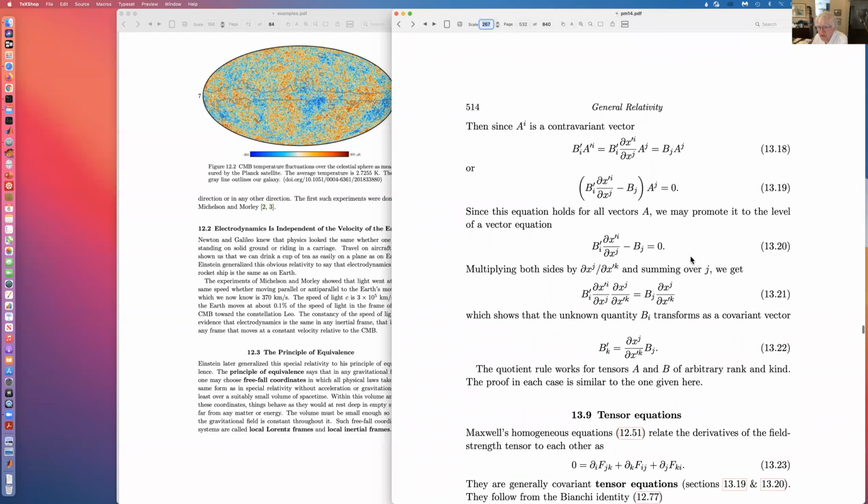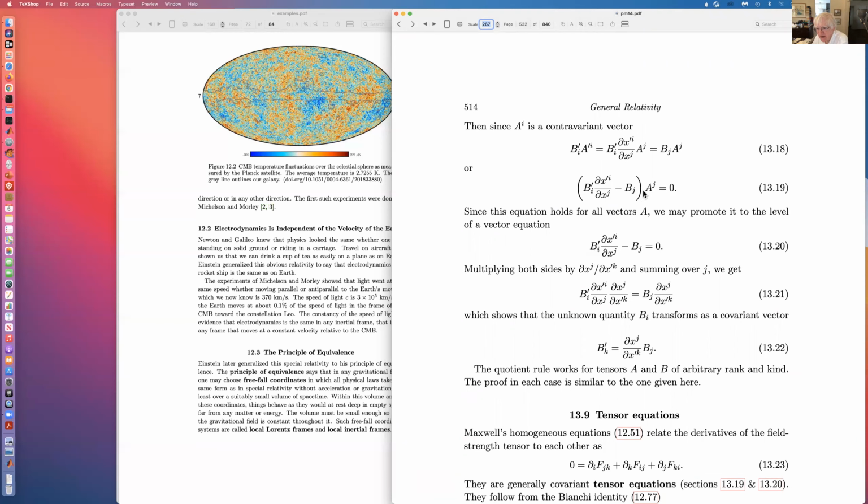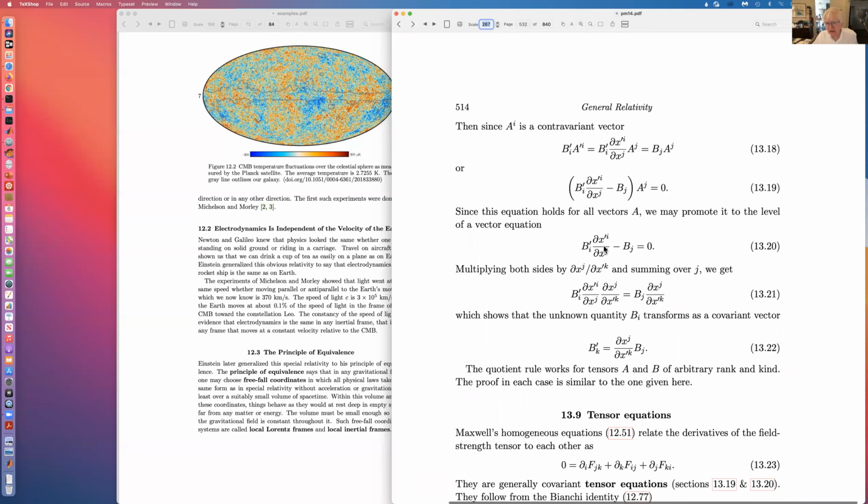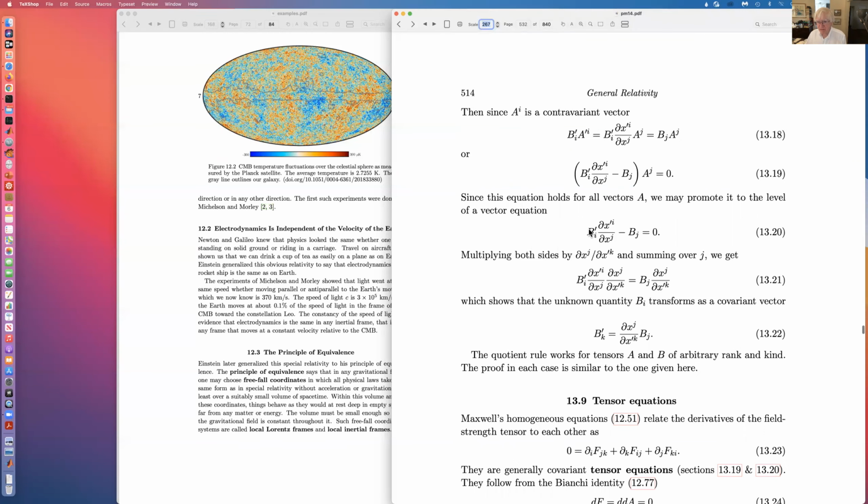And that means that we can replace this equation with an equation without any A^J and any summation over J. So now we simply have the statement that this equation holds for all I and J, whereas up here it just held for all I because we were summing over J. But since this holds for arbitrary A^J, we can promote it to this level.